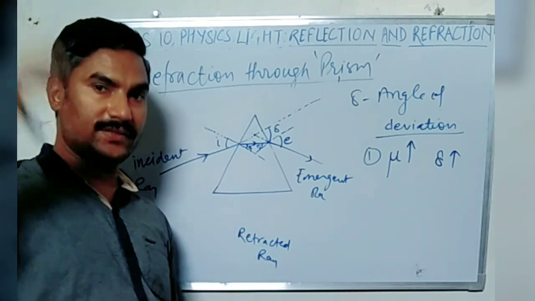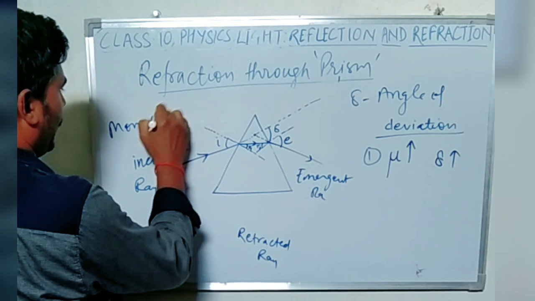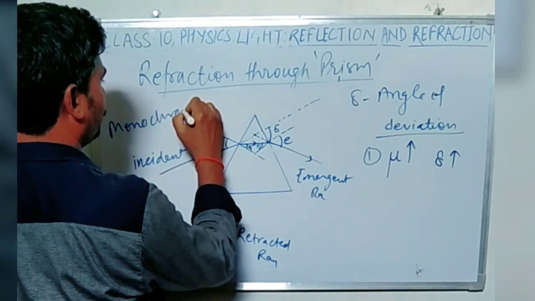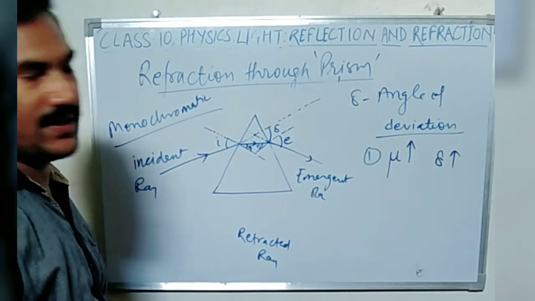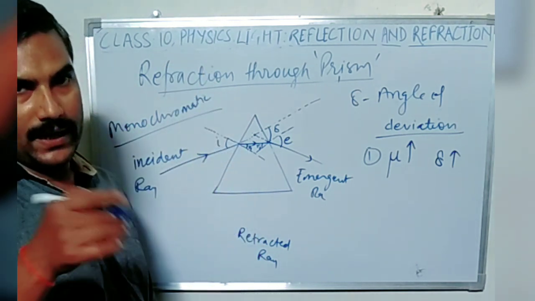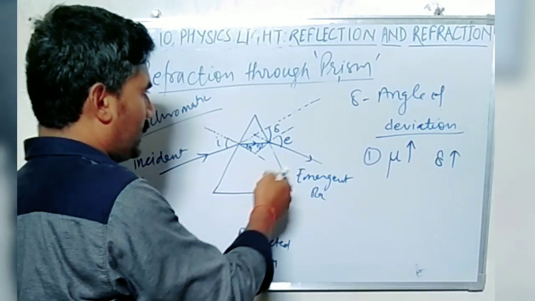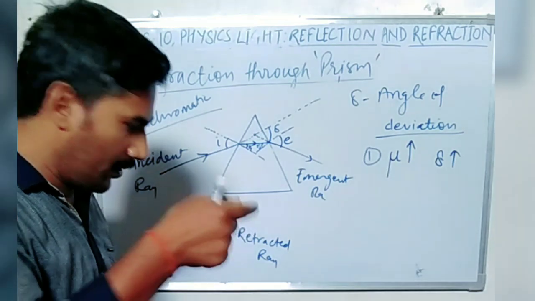Similarly, as we have discussed in the triangular glass lab, if it is a monochromatic incident ray of light, the wavelength is responsible for the measurement of this angle of deviation. Why is it so?